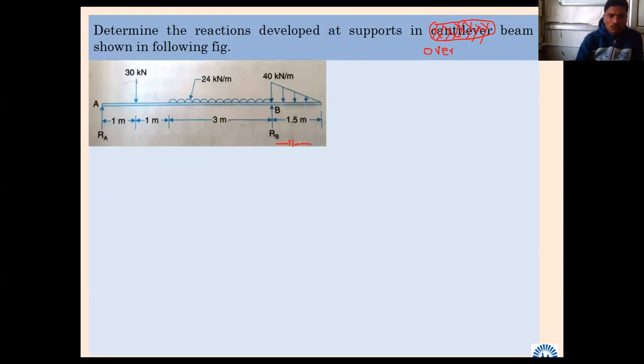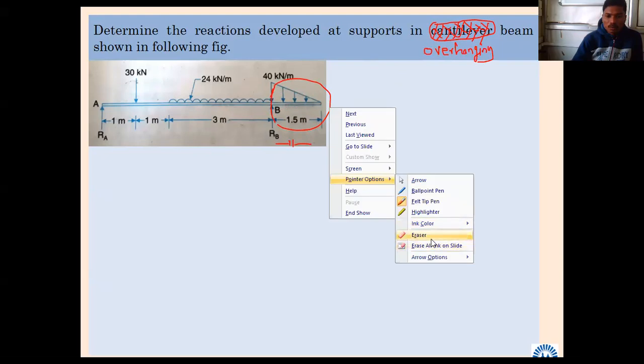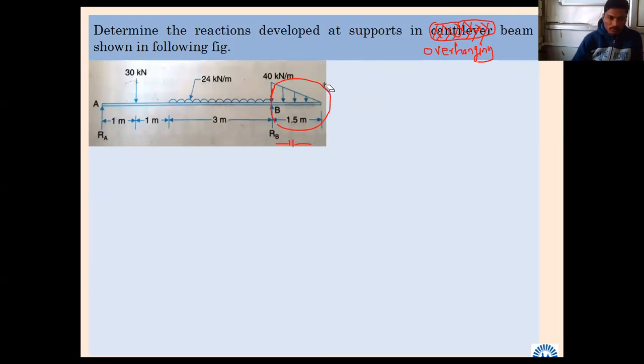This much part is overhanging. I will erase afterwards. So this is the overhanging beam. Some part of the beam is hanging, it doesn't have support, that's why it is an overhanging beam.